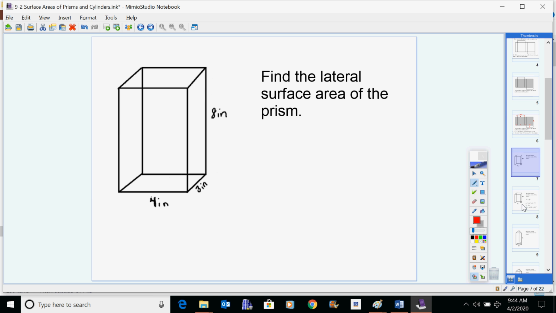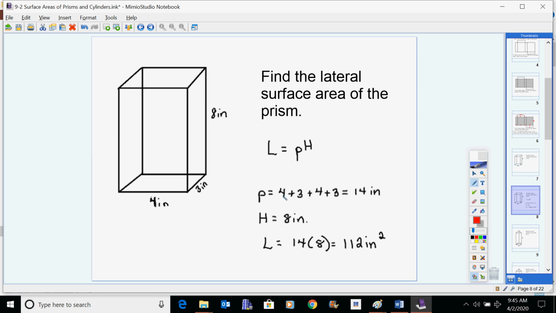So what we're going to do is take all those sides and add them up. There would be your perimeter. 4 plus 3 plus 4 plus 3 would take you all the way around the base. That's the perimeter of the base, times the height. Times 8.